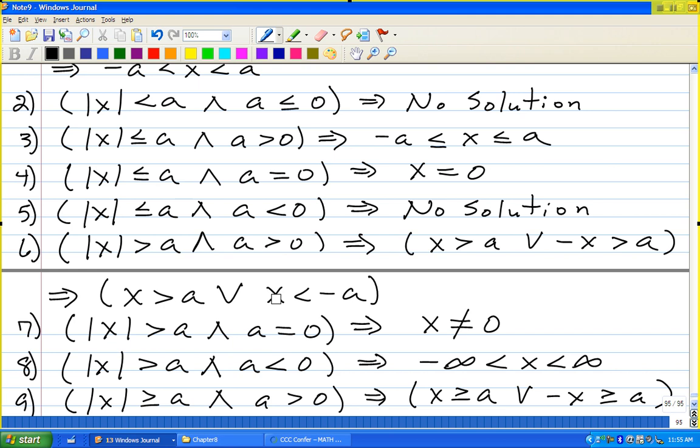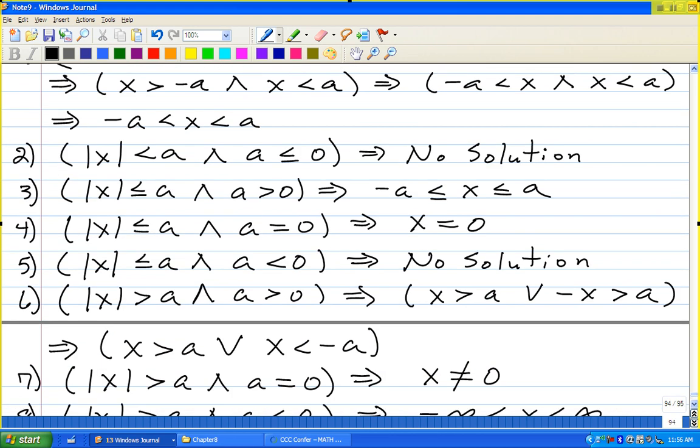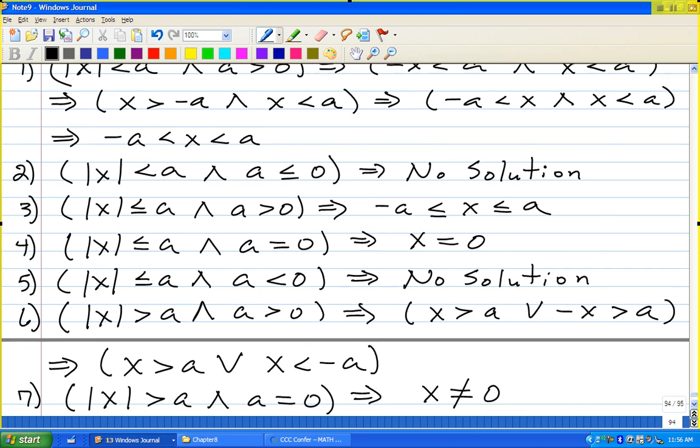So the only difference between these two cases is that less than is an and, greater than is an or. The product, if you have positive times negative, it's going to be negative. But the only way you can have the product be positive is if they're both positive.